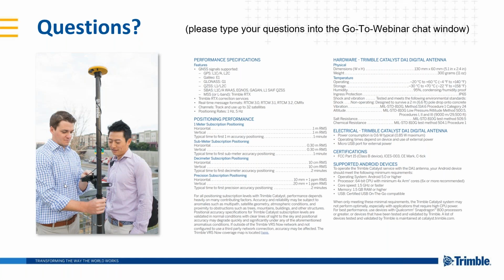But most customers, I think the biggest question is whether you're online or offline, because if you're in the city, for example, with an internet connection, the system will connect into the VRS and you can achieve that 1 to 2 centimeter accuracy. If you move out of the city into an environment where you're not connected to the internet, the system will fall back because it has to rely on the Trimble RTX technology rather than the VRS. That's probably the biggest variable in terms of how customers use it, since they're generally not moving too far.